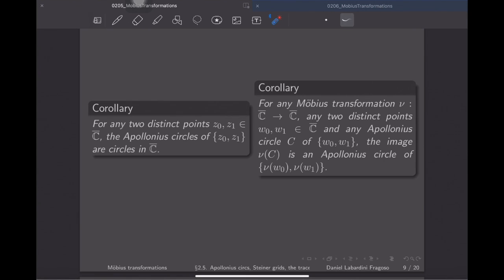So I obtain this corollary, which says that if I take any two distinct points and any Apollonius circle of them, and any Möbius transformation, not even assuming that w0 and w1 have anything to do with the fixed points of nu, the image of the Apollonius circle is an Apollonius circle of the images of the two points. So in other words, Möbius transformations always send Apollonius circles to Apollonius circles of the images of the two points.